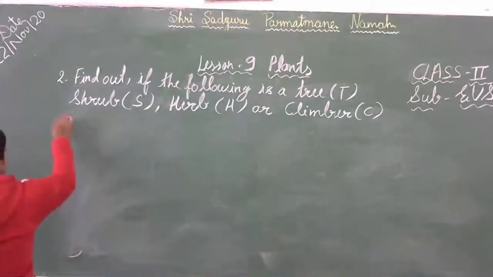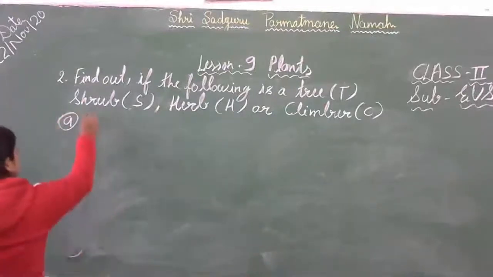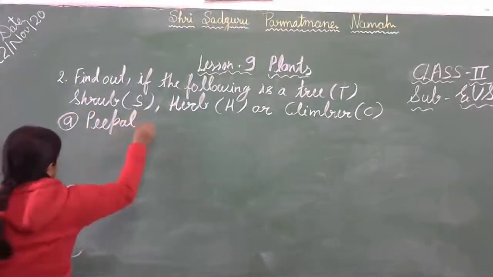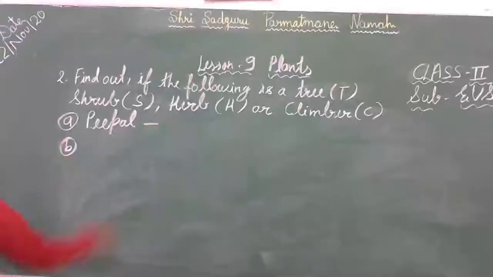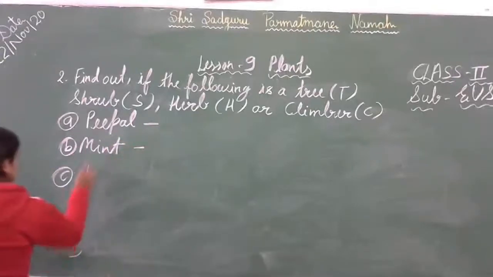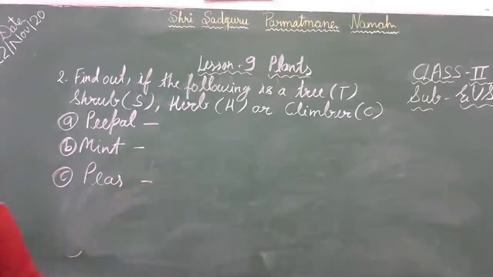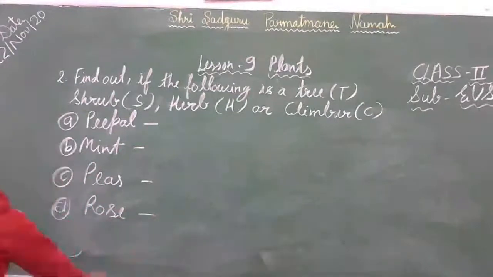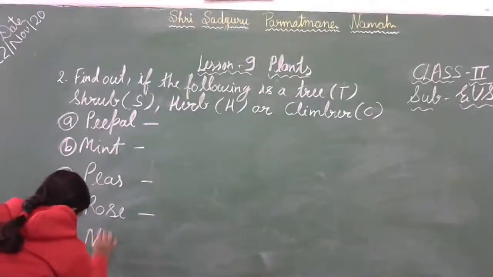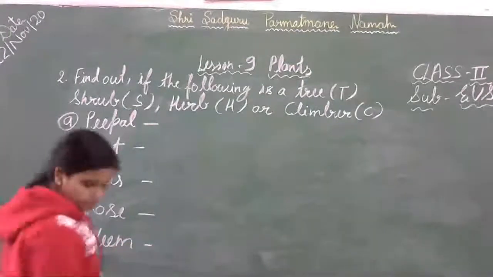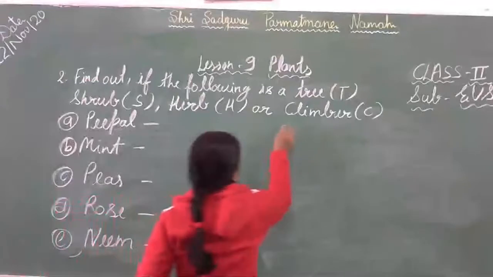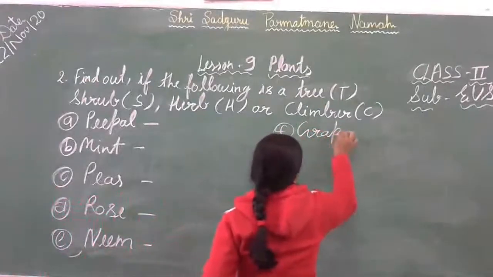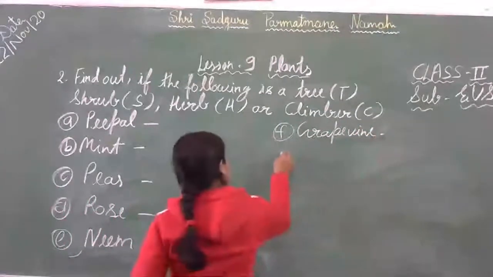Number A, peepal. B, mint. C, peas. D, rose. E, neem. F, grapevine.